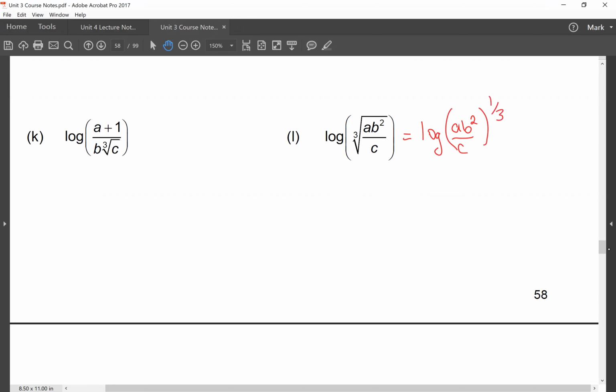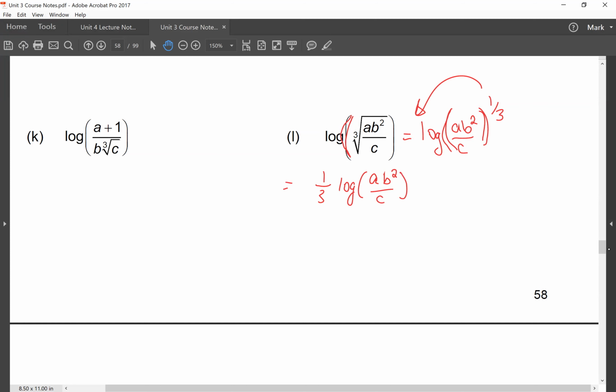Now, again, I just had that question, all of the term inside of the logarithm is to the power of 1/3. Not the logarithm itself, not the word log, the numbers inside. So step number 1, I'm going to put the 1/3 in front. So 1/3 log AB squared over C.